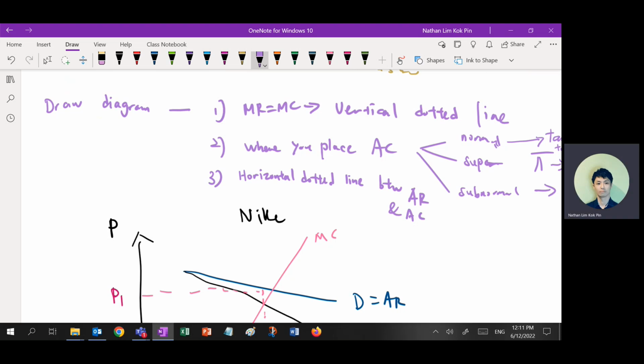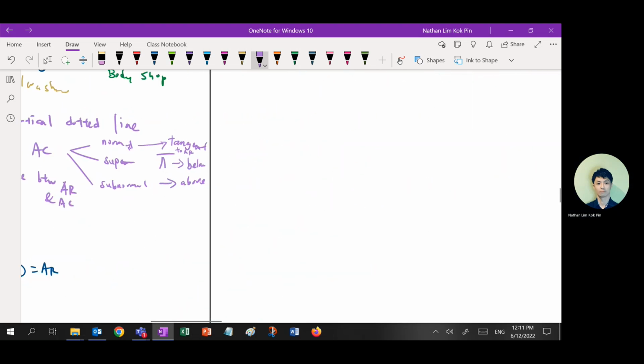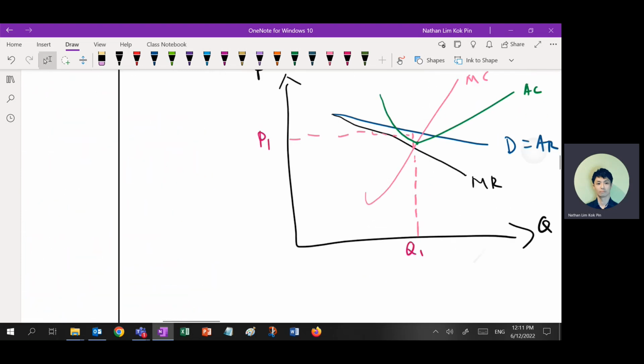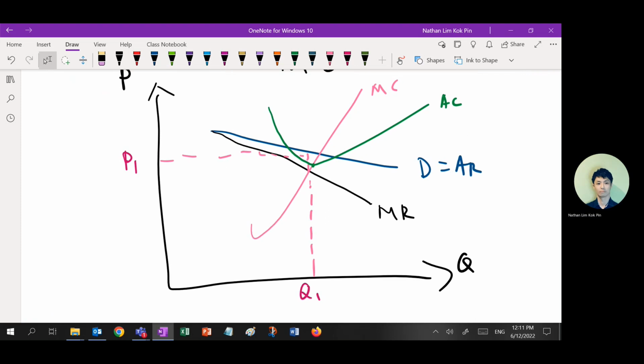Following your generation, BTW is everything generally by the way. Right? Between AR and AC. So where should I draw my dotted line? I already drew one just now. The horizontal dotted line is AR. Another one I need to draw is AC. The dotted line touches AC. The vertical dotted line touches the AC at this point here, not the green dot point. Right? So I draw here.